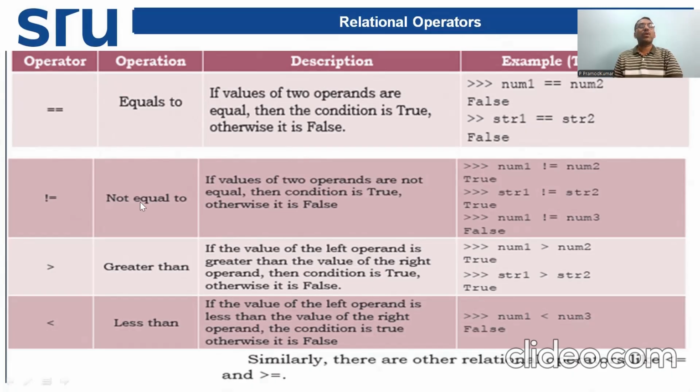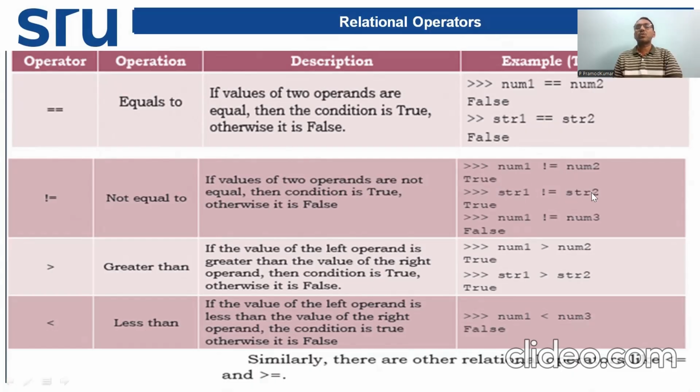Then coming to the not equals to relational operator. Here I would like to check whether the number 1 content is not equal to number 2. Number 1 content is 10 and number 2 content is 0. They are not equal, hence the result becomes true. And string 1 is not equals to string 2.